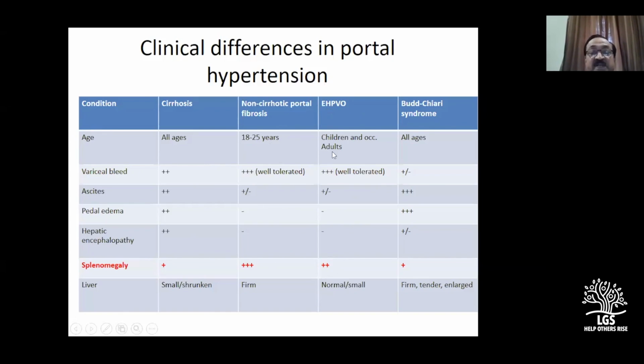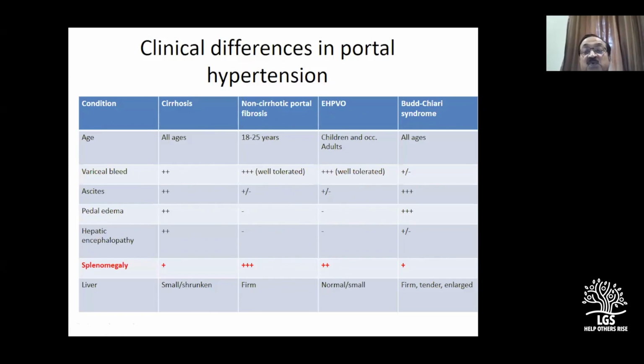Look at the age of the patient. Look at the variceal bleed. Look at the ascites. Usually it is not there. Pedal edema is not there. Hepatic encephalopathy is not there. So your finding is only the spleen, and the liver may be palpable. See here it is normal, whereas in non-cirrhotic portal fibrosis, it is firm.